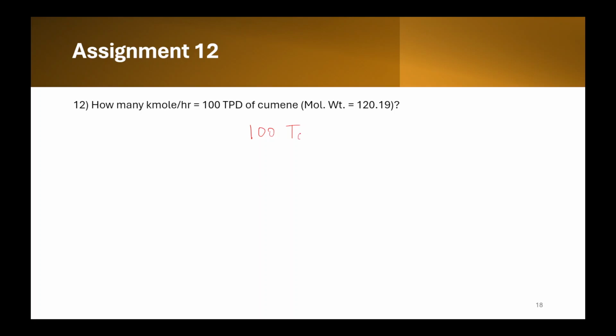This is basically the basis of your plant, or you can say you need this much ton per day of cumene. So how many kilomole per hour will that be?